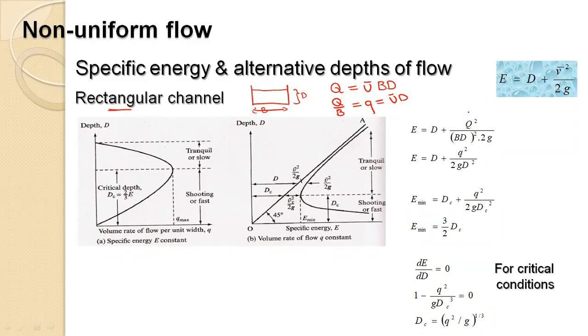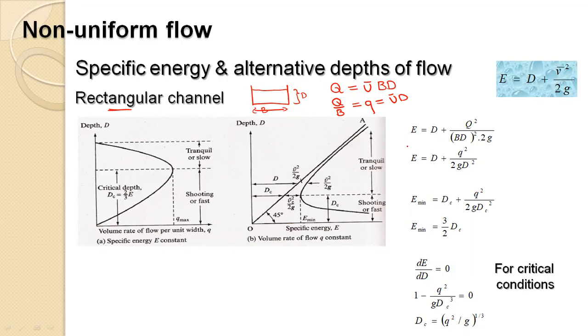Let me do the substitution for the velocity. The velocity is Q divided by BD, so V squared would be Q squared divided by B squared D squared. Then divide by 2g to get the velocity head. Q squared divided by B squared is q squared.